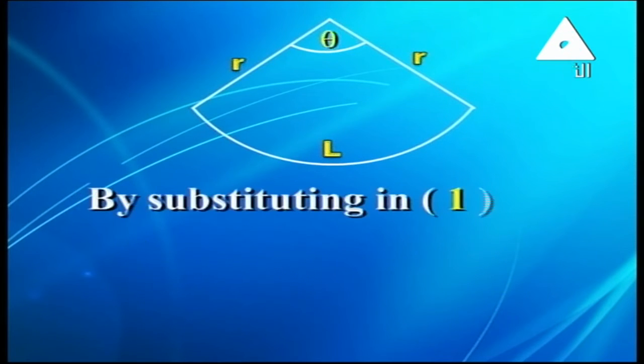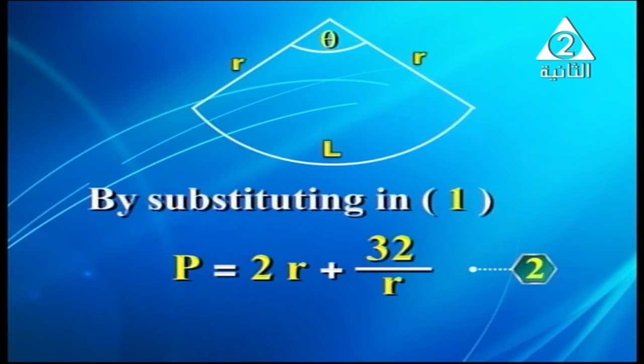My dear student, by substitution in equation 1, perimeter equals 2r plus L, we substitute L equals 32 over r. Then what is the relation between the perimeter and the radius?